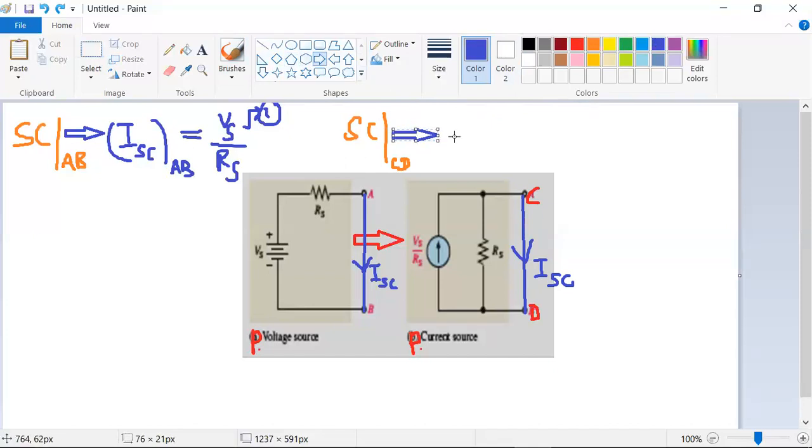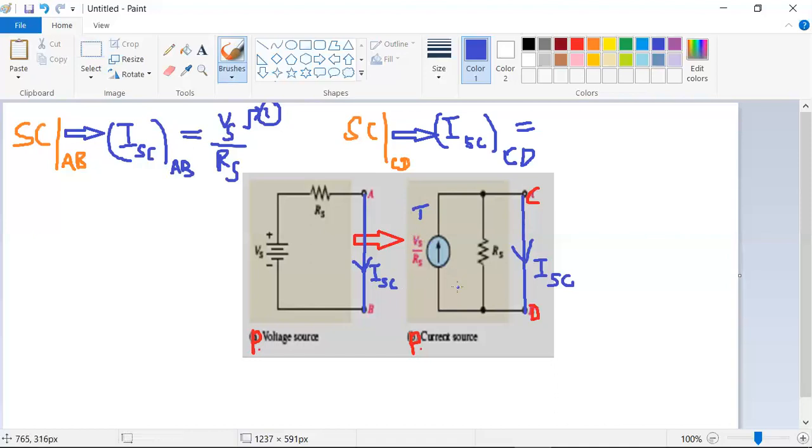In this, let me write ISC, the short circuit current flowing through the C and D terminals. How much current will flow through this? Let me assume this current is Is. I don't know how much the value of Vs is.